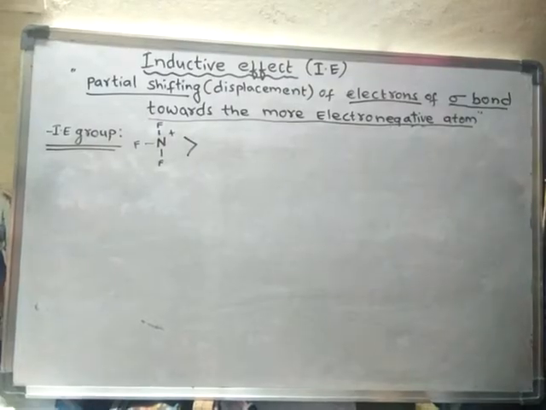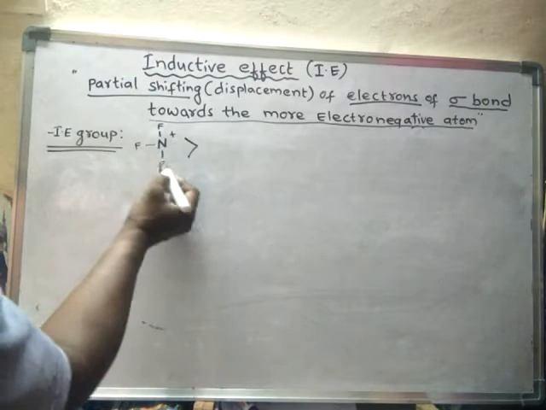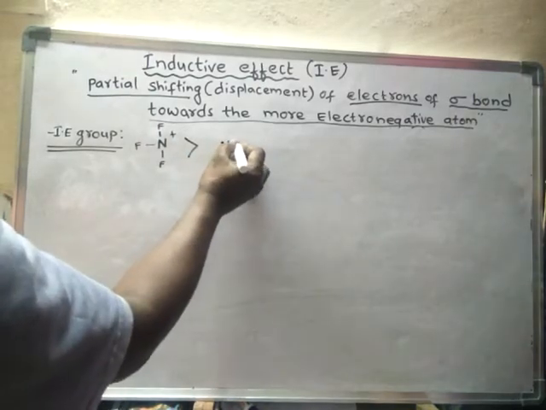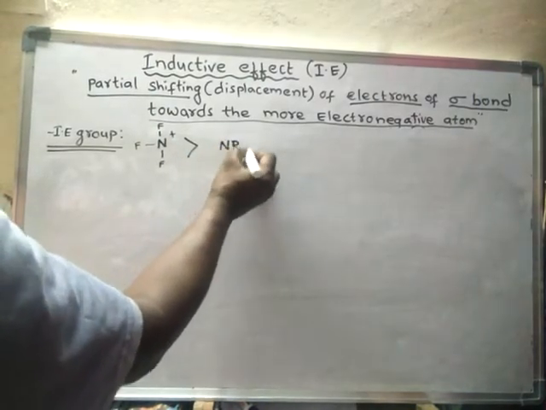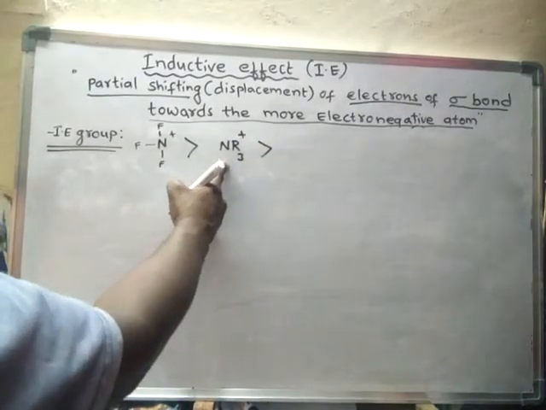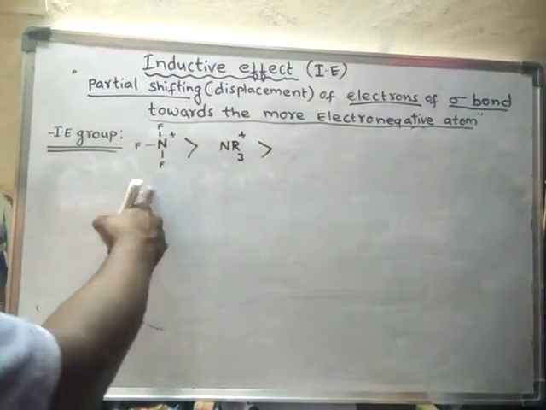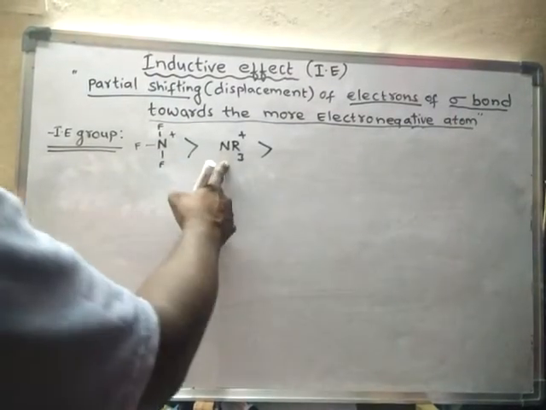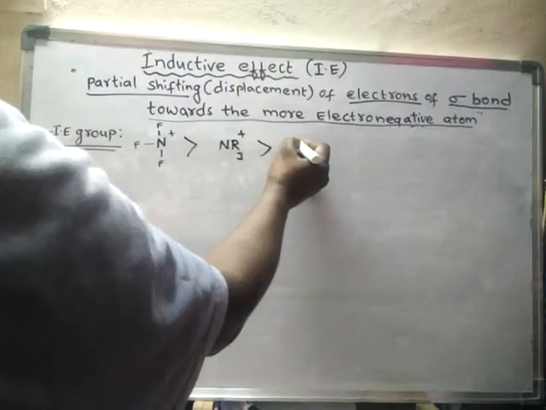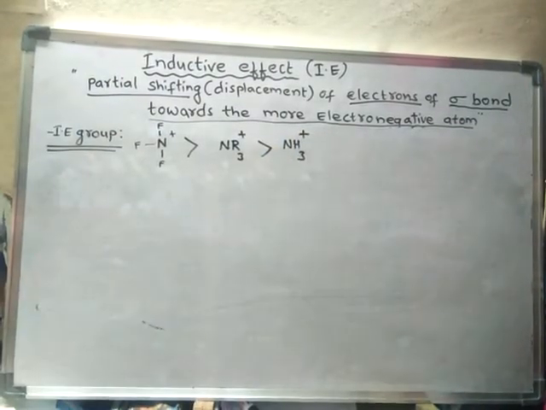Next to NF3 is NR3 plus. Somewhat it has less minus IE than NF3, and it shows more minus IE than NH3 plus.